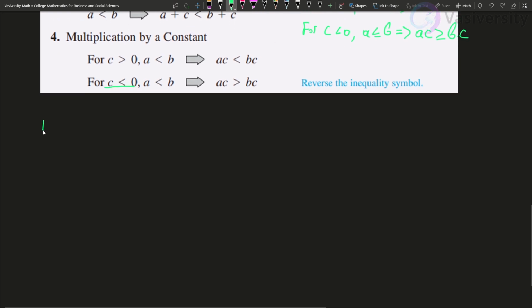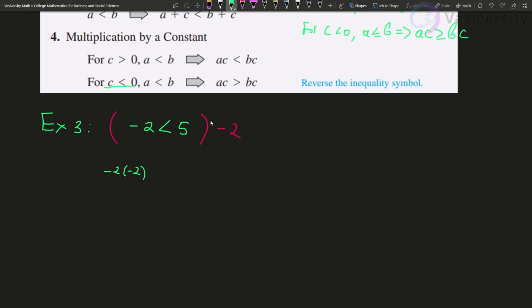So example 3. So we would have something of -2 is less than 5, right? So what can we do here? Let's go ahead and multiply by -2. So we would have -2 times -2.